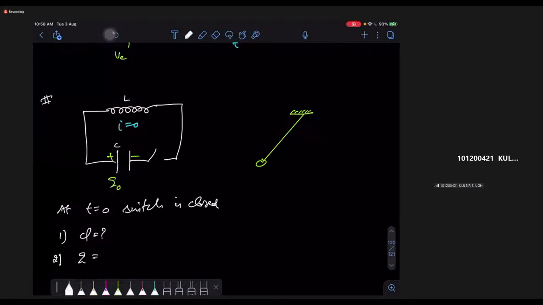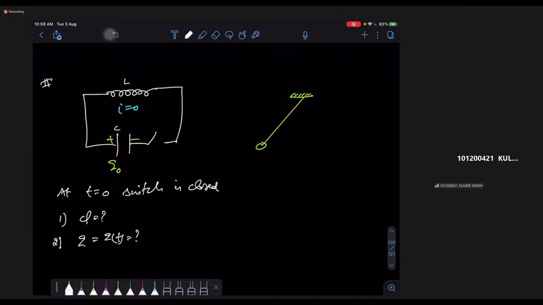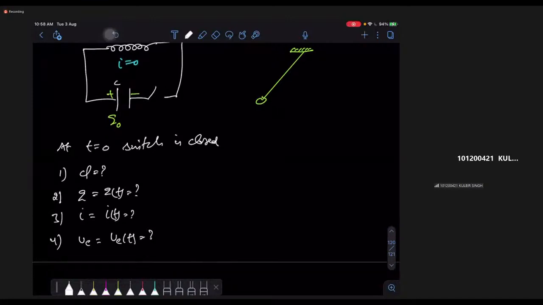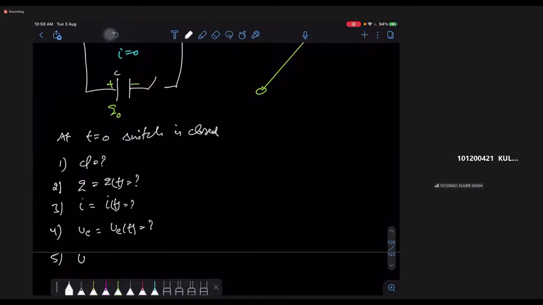And current at any instant of time. Or electrical energy at any instant of time. And of course, you can tell me the magnetic energy also, at any instant of time.